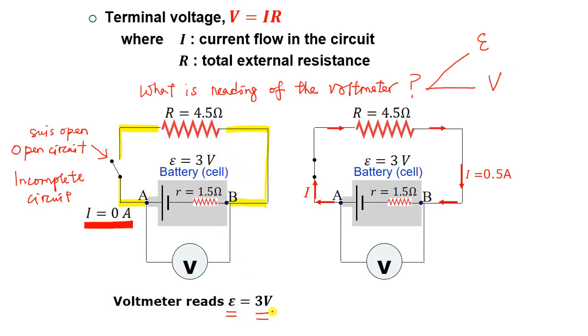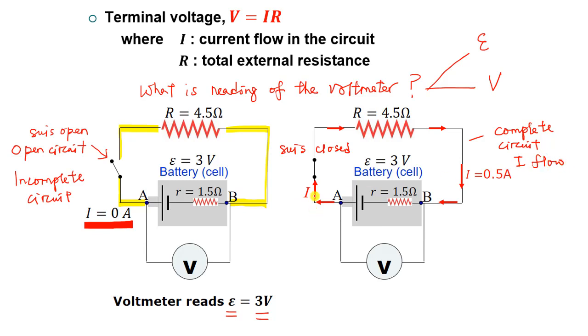Then in what condition will our voltmeter measure terminal voltage? Providing that our circuit is closed. If our switch is closed, we have a complete circuit, and current flows in the circuit.